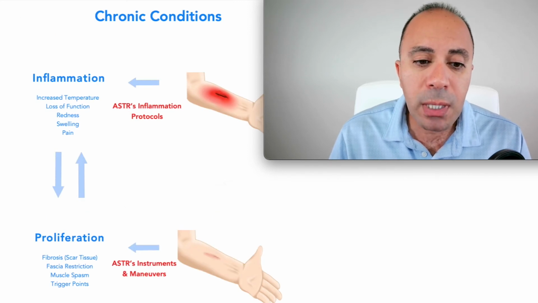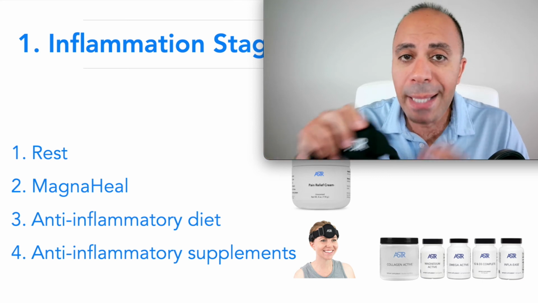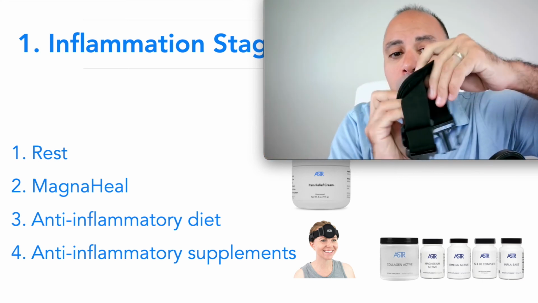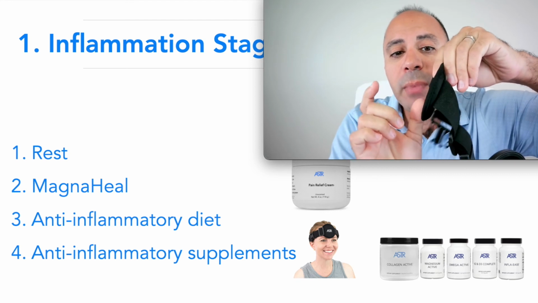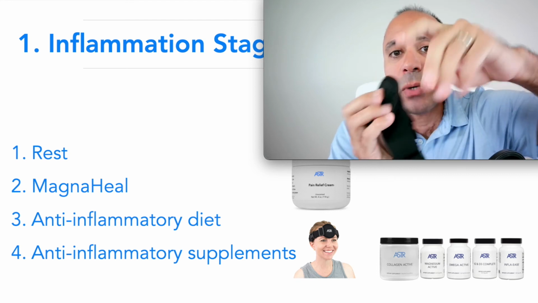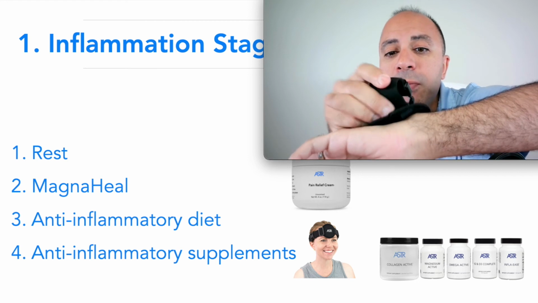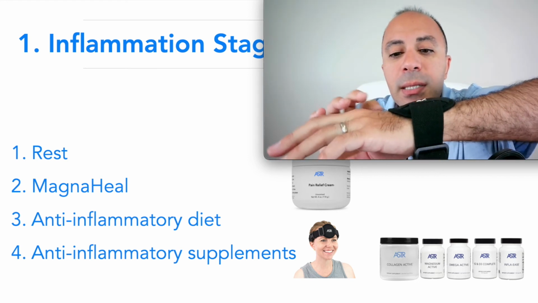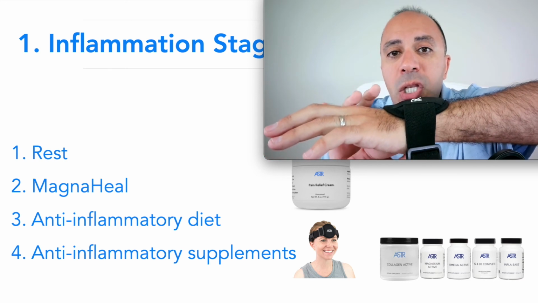What I personally do is use the MagnaHeal 2. This is a very strong magnetic device with a magnetic field range of 3 inches. I use it for carpal tunnel, arthritis, and inflammation, and put it on the wrist, where it's going to decrease internal inflammation.